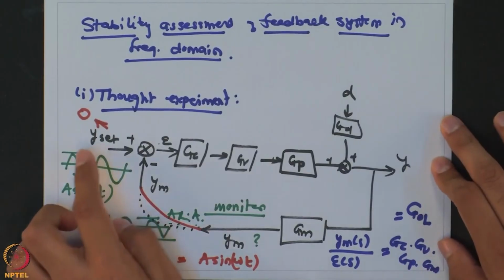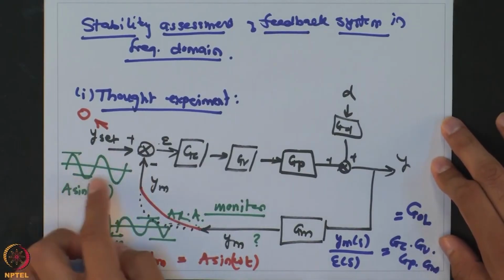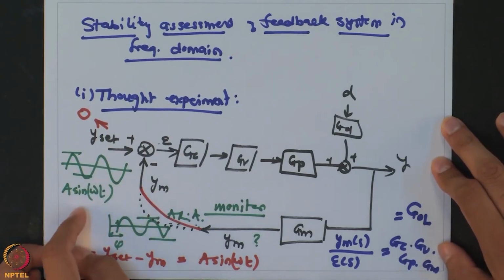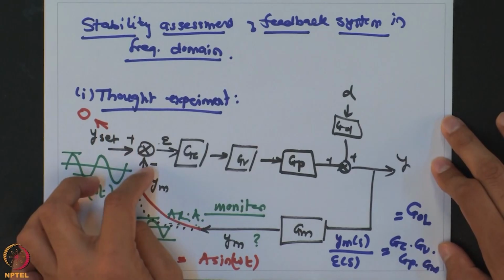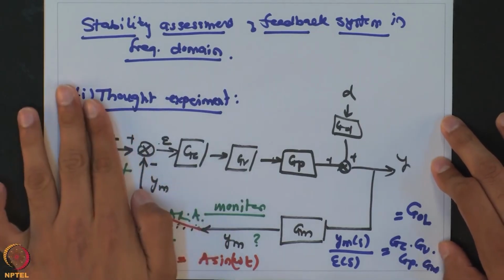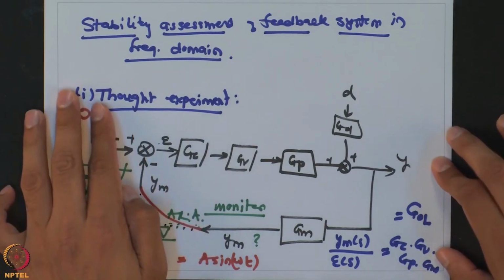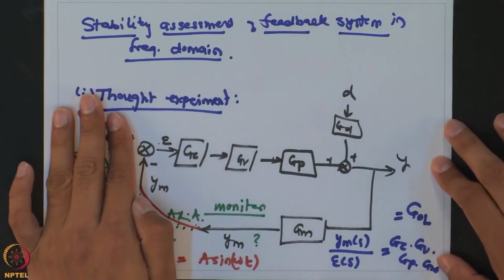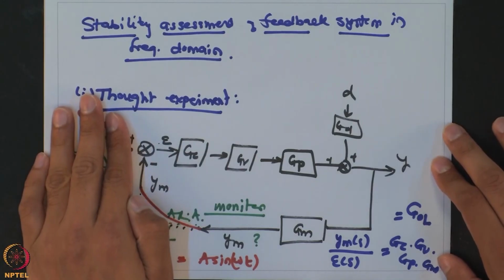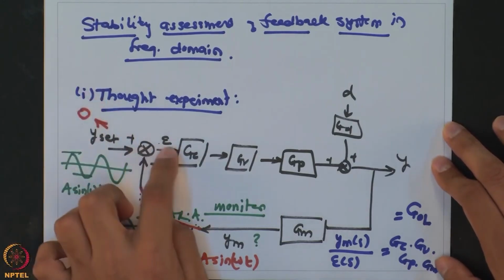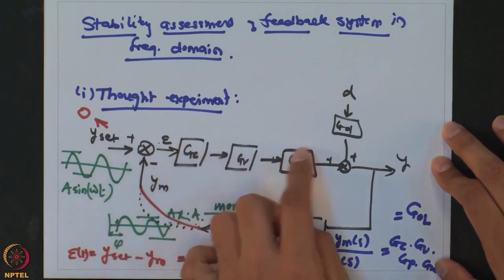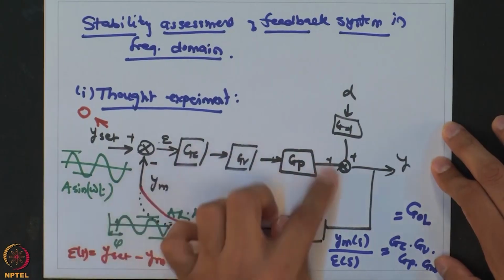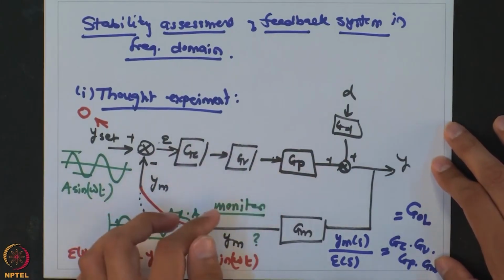So, that means before closing the loop, the system was oscillating at A sine omega t with this frequency, and the moment I close the loop, even though there is no set point change. So, when I say y set equal to 0, all these are deviation variables. So, that means the system is not subjected to any external conditioning, and still this epsilon is equal to A sine omega t. It will go through all these transfer functions, and what comes out is still A sine omega t, and then the system will keep on oscillating at A sine omega t.